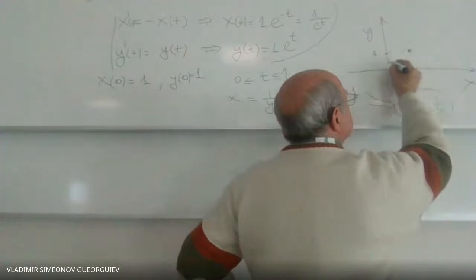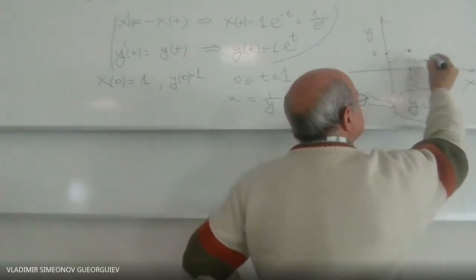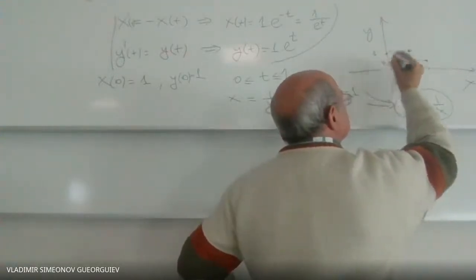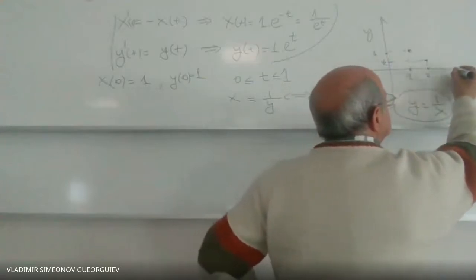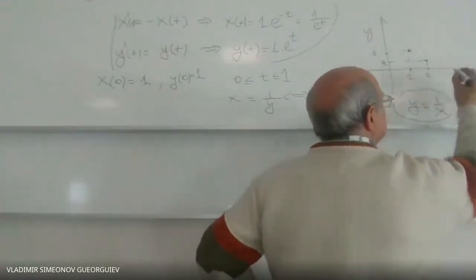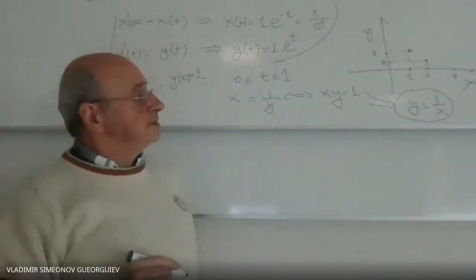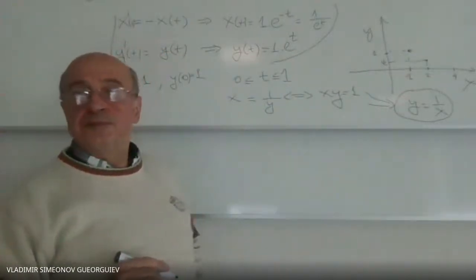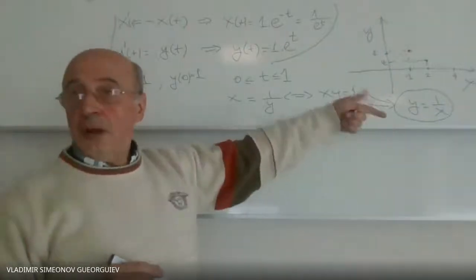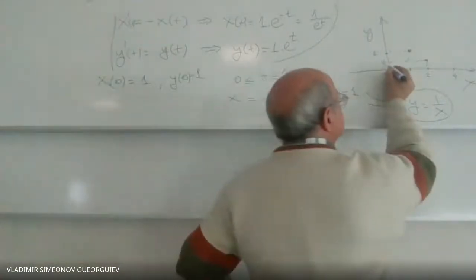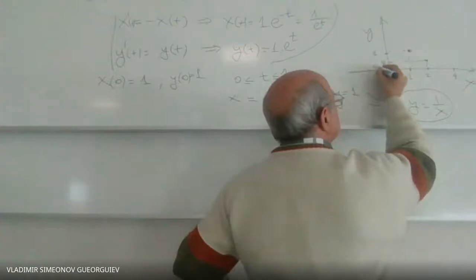And you see, I get this. This is 1/2. This is 2. If I take, for example, x 4, what shall be epsilon? X is 4, 1 over 4. So even smaller, 1 over 4.